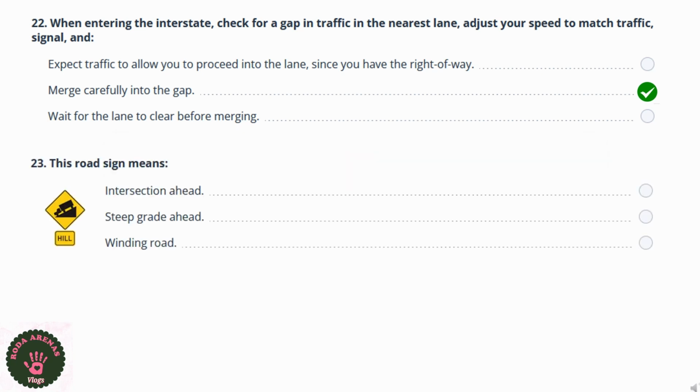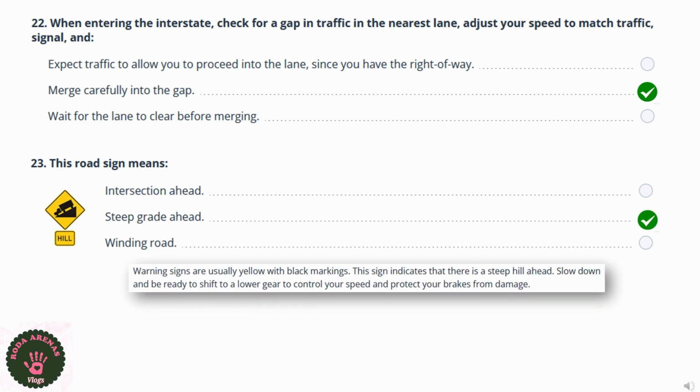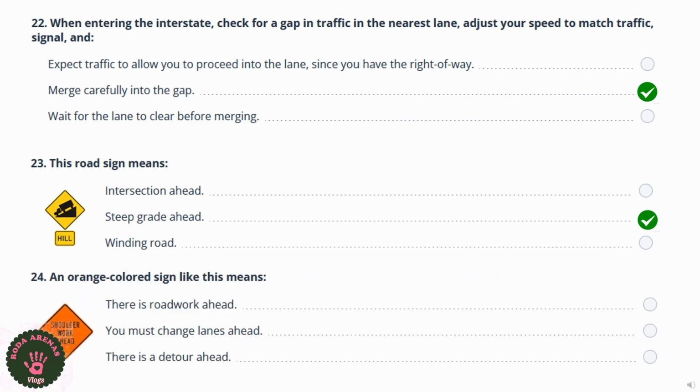This road sign means intersection ahead, steep grade ahead, winding road ahead. The correct answer is steep grade ahead. An orange colored sign like this means there is road work ahead, you must change lanes ahead, there is a detour ahead.